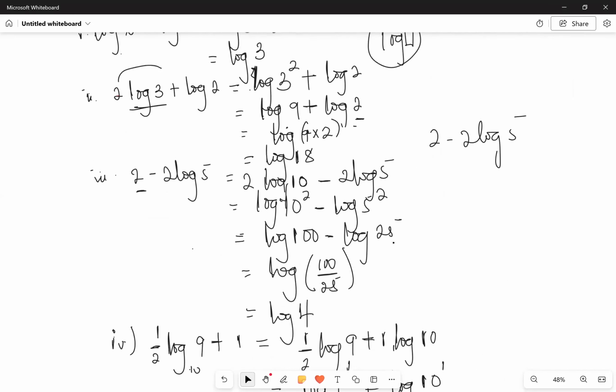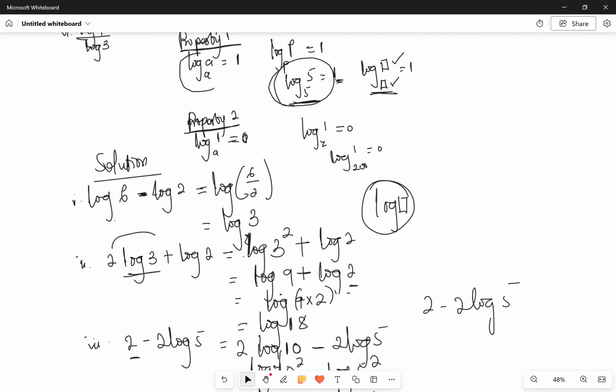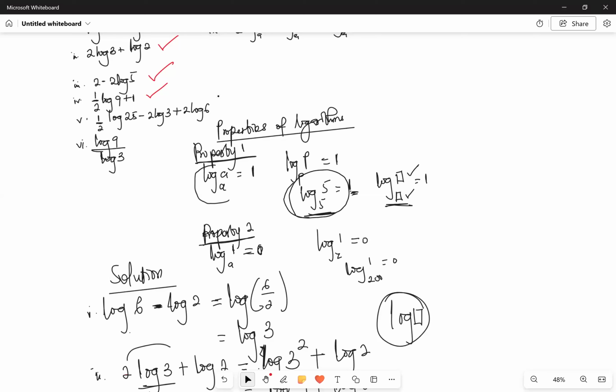Now, the next one. So we've looked at this. Sorry, let me use the red mark. So we've looked at this.